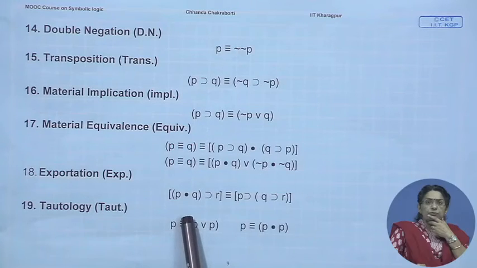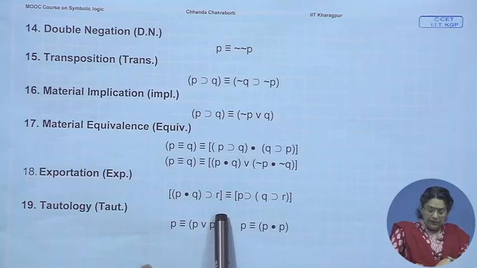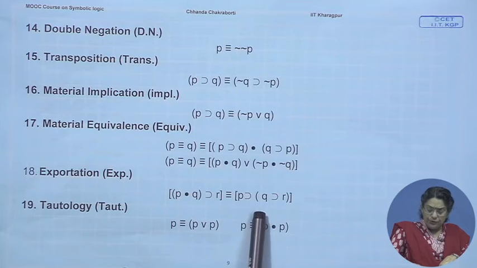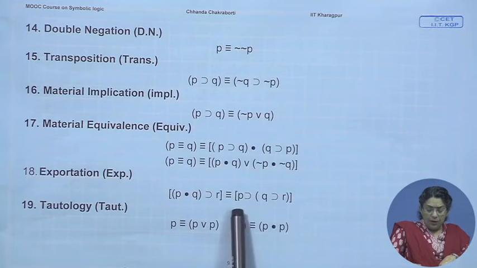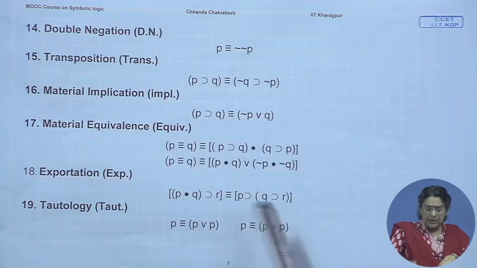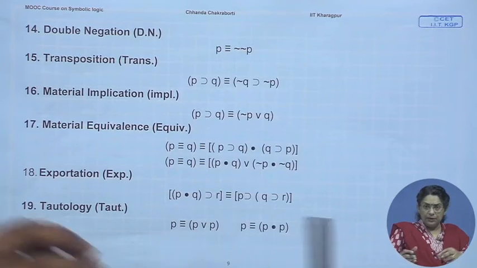The exportation rule says that if you have p dot q then r, right, then you can expand it as p horseshoe q horseshoe r, or if you have a p horseshoe q horseshoe r situation like this, you can rewrite it as p dot q horseshoe r. Okay. You can compact, make it into compact.